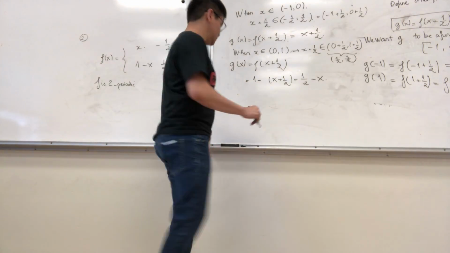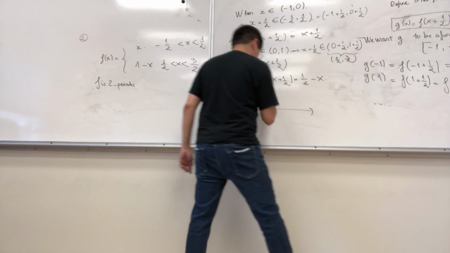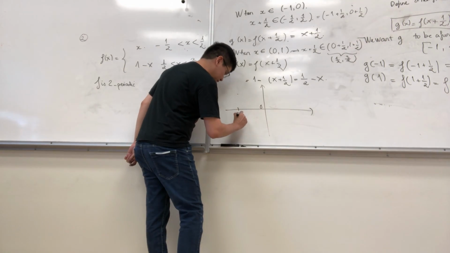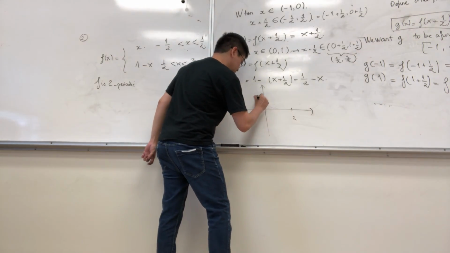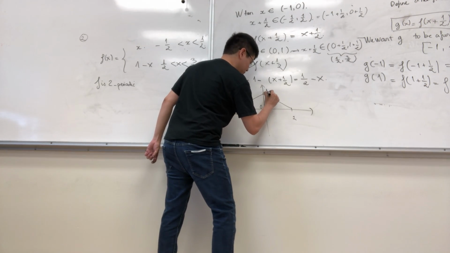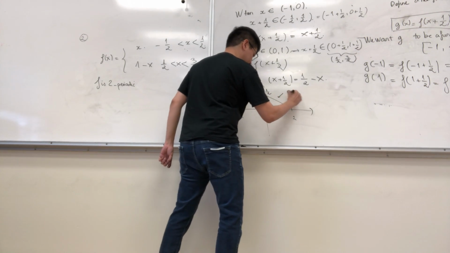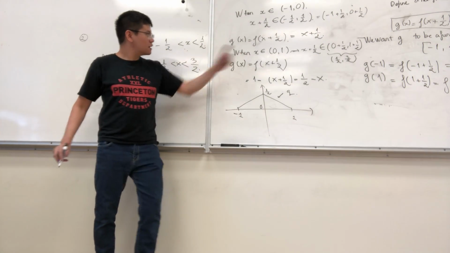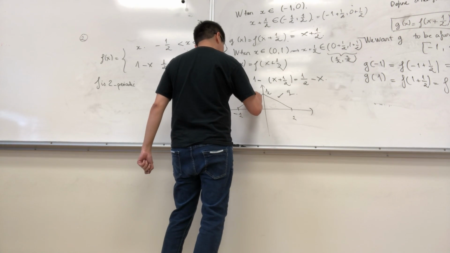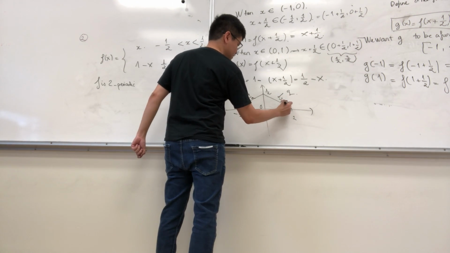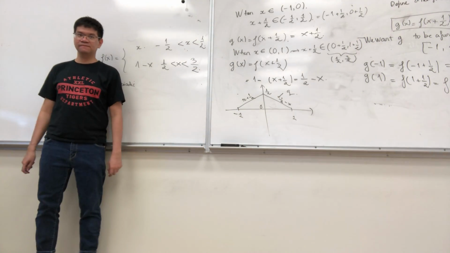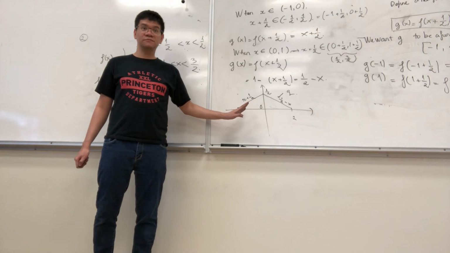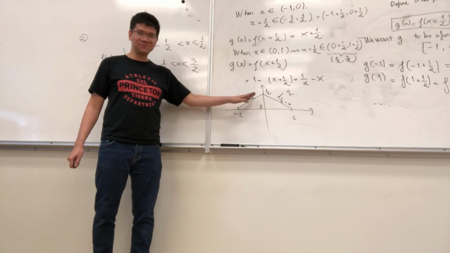So the new function will be very nice because it is defined from -1 to 1, and the graph looks like this. This is 1/2. So this is the function g. The function g is going to be x plus 1/2 from -1 to 0, and 1/2 minus x from 0 to 1.